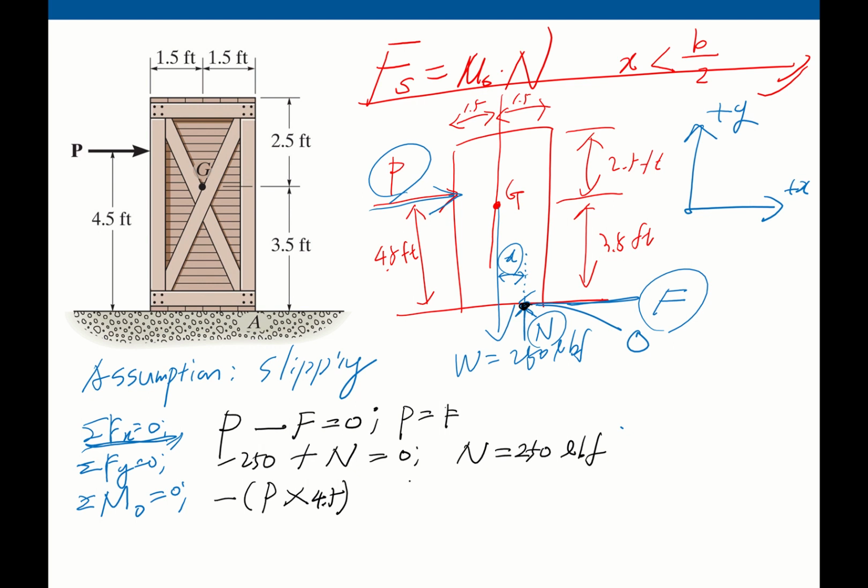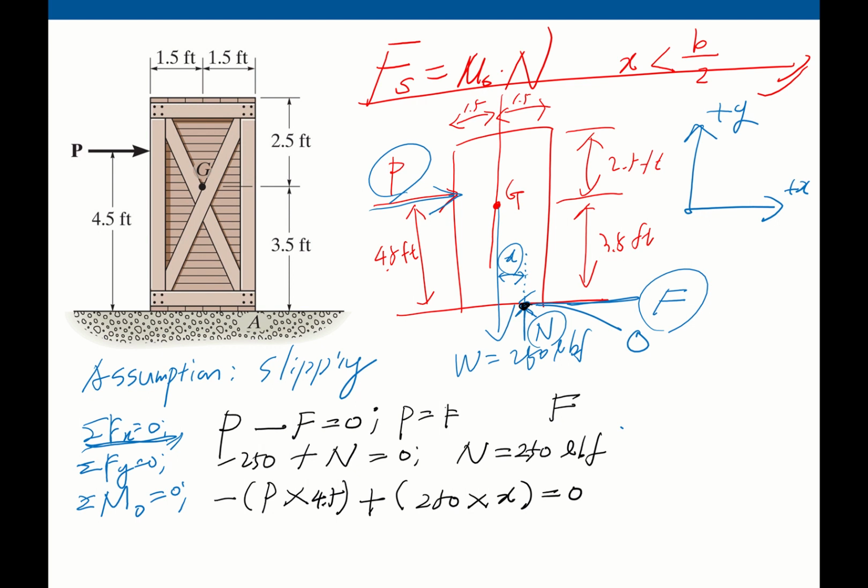And the weight creates a counterclockwise rotation, so the sign should be positive: 250 times x feet. This should be equal to 0. We already know the frictional force.